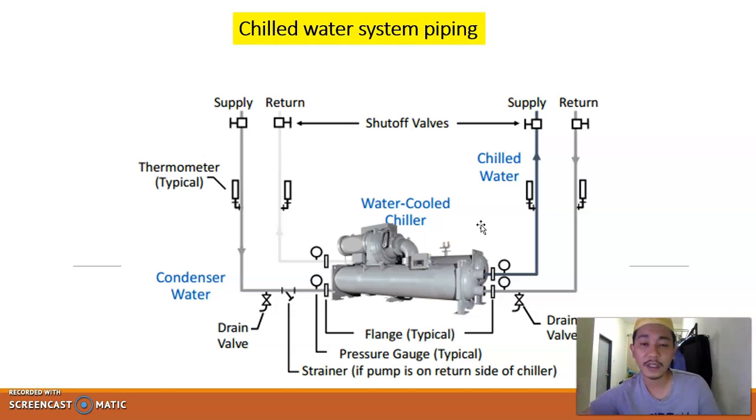It is obviously different, because in a split unit system you are using only refrigerant and only copper pipe. In the next study I will show you the piping system on the maintenance side.